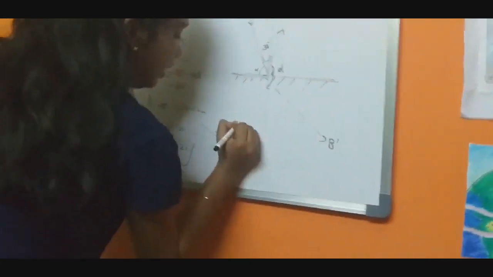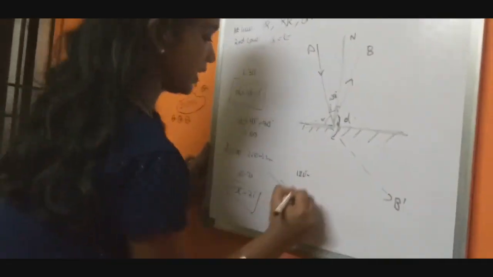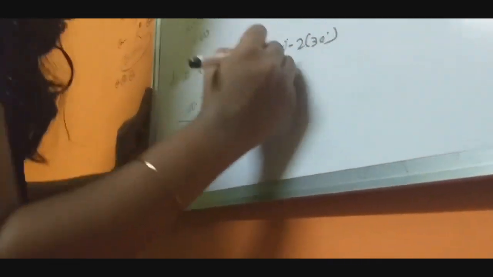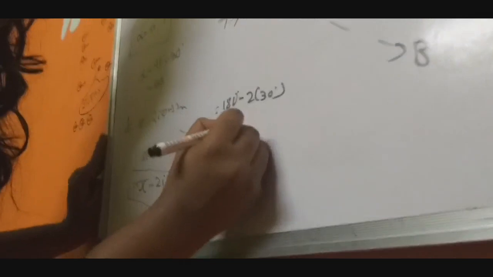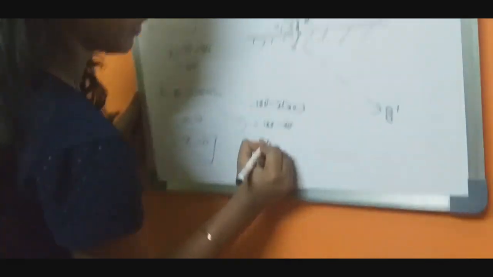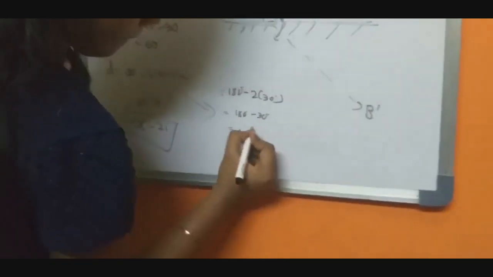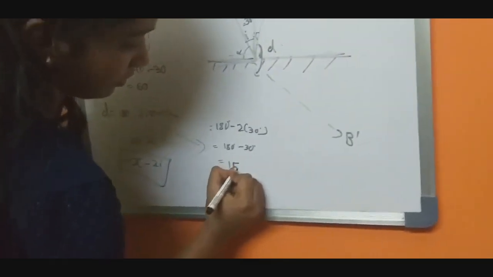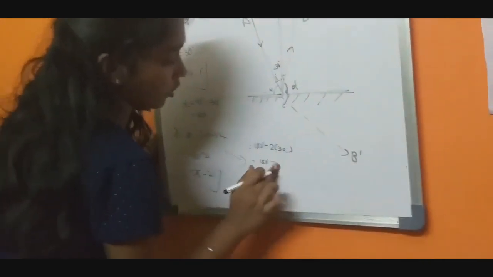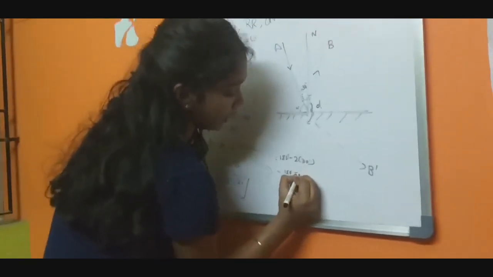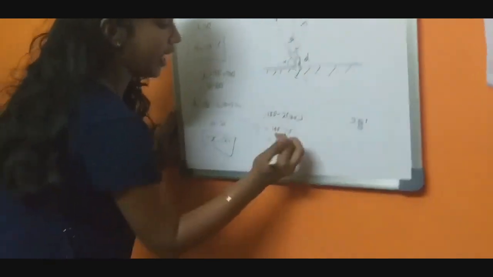Here we should find this value. So 180 degrees minus 2I means 2 into 30 degrees, since the I value is 30 degrees. Sorry, 180 minus 2 into 30, which is 60 degrees. So 180 minus 60 degrees is 120 degrees.